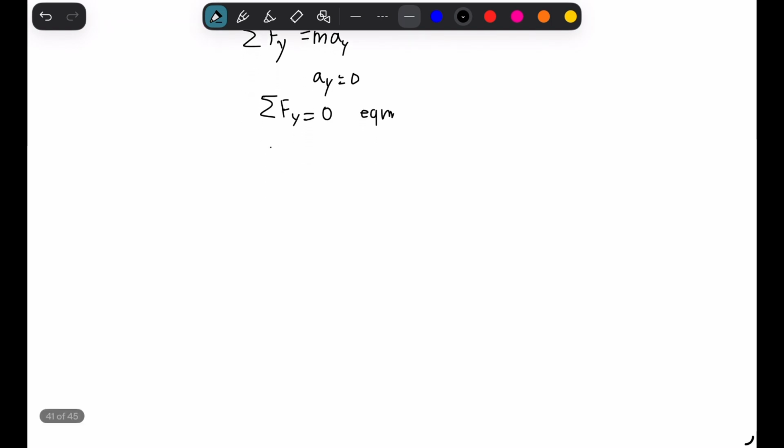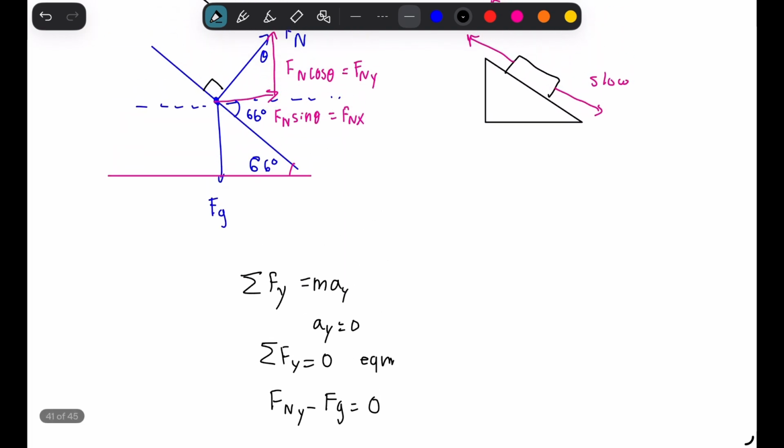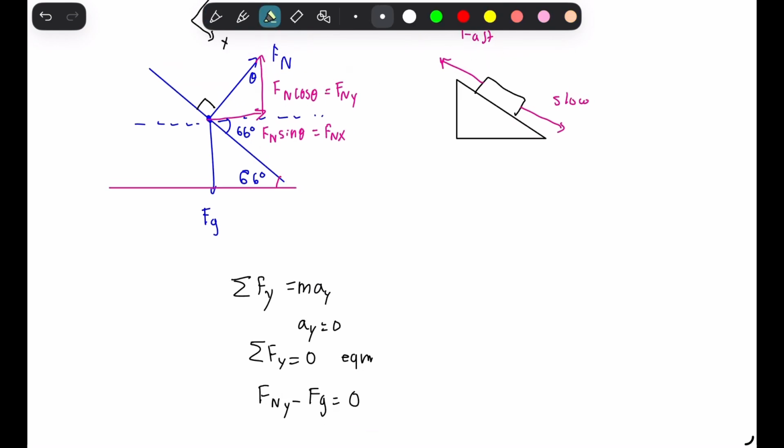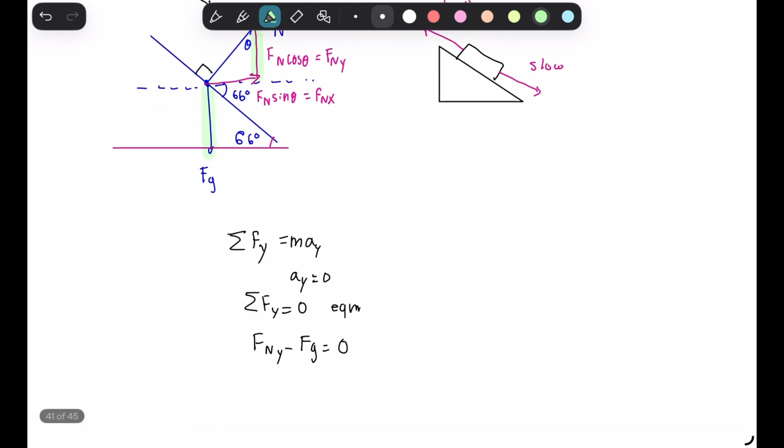If we write out our forces, we have our normal force in the y direction minus the force of gravity equal to 0. You can see that Fny is acting straight up, so those are acting in the same vertical line, which is why we are able to subtract them like that.